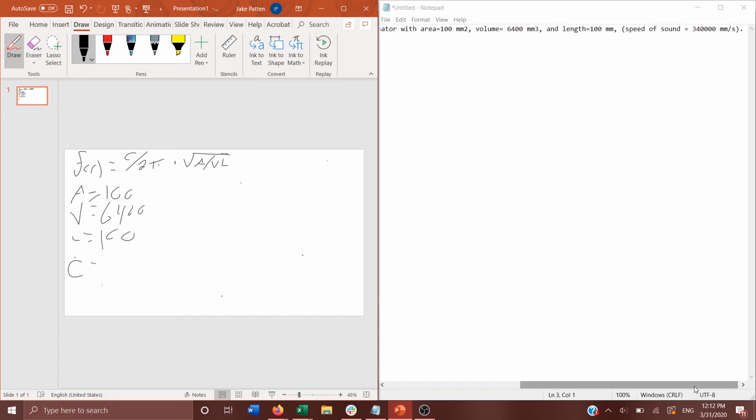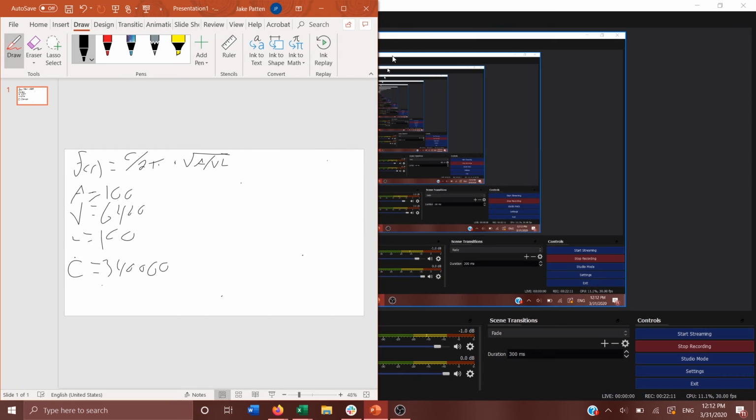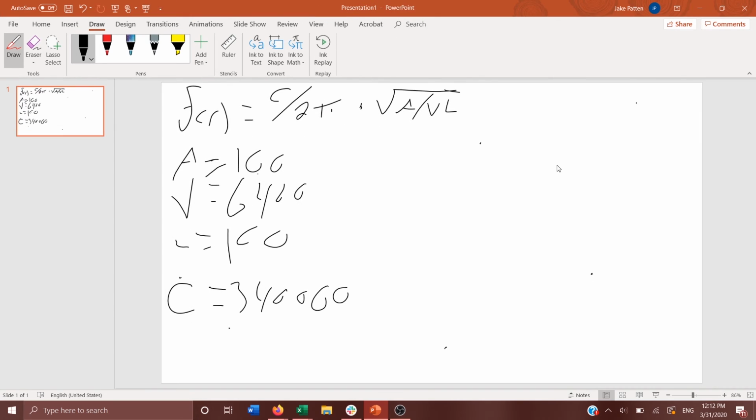And the speed of sound is 340,000. If you're wondering, I'm sure you've probably guessed why: the reason why sometimes the speed of sound is 340,000 and other times it's 340 is because we're changing our base. In this case, we're using millimeters for all of these: millimeters squared, millimeters, and millimeters cubed. And here we're using millimeters per second.